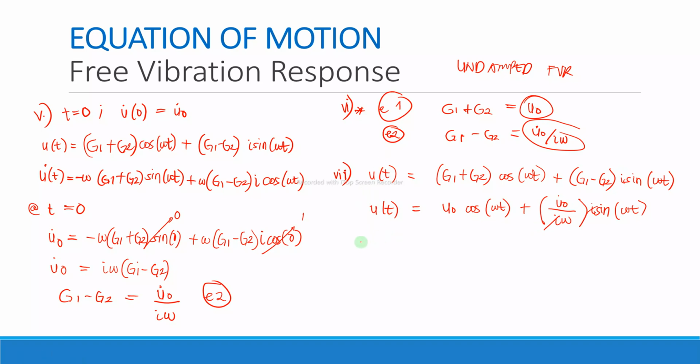Then, finally, we arrive at our general solution to the equation of motion for an undamped free vibration response, that is u of t is equal to u naught, or initial deformation, times cosine omega t plus u dot naught over omega times sine omega t.